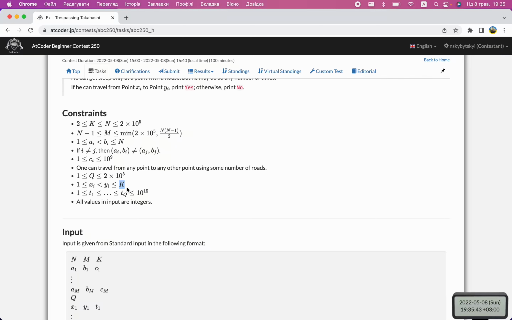Unfortunately, I cannot afford to use all edges. I cannot compute all distances between all pairs of special points.